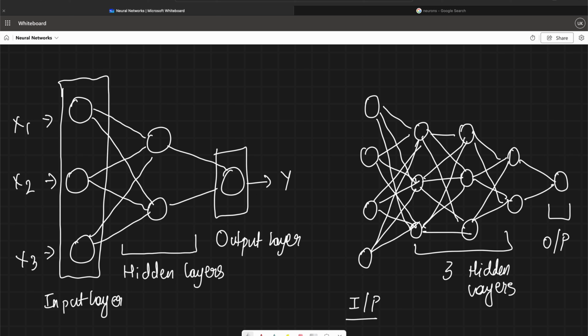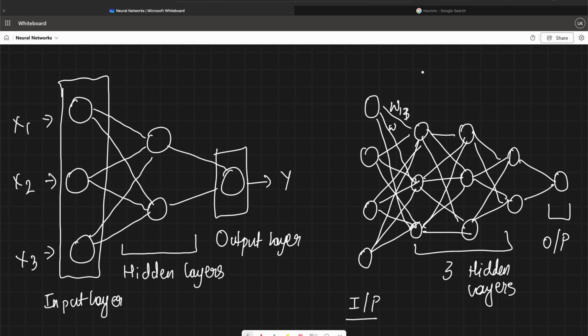And since you keep on increasing the number of hidden layers, of course, the number of weights will increase. Like here you have W13, you can say W11, W12, W13, and so on.